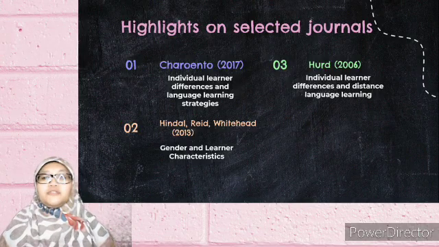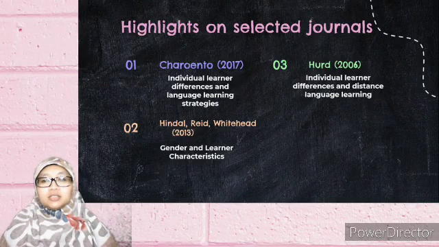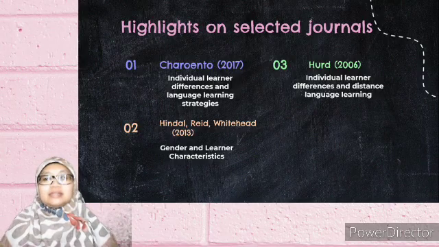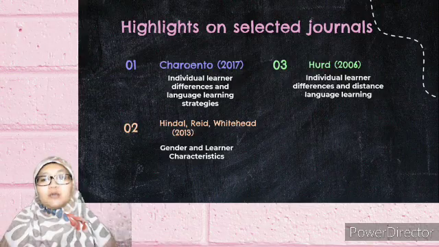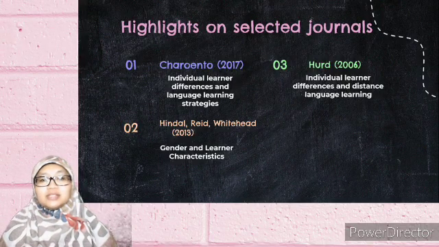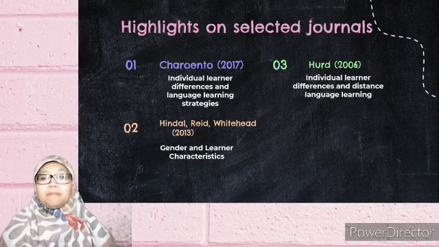And the third is Hurd in 2006. It deals with individual learner differences and distance language learning, because there are two modes of language learning: distance language learning and face-to-face, or traditional, language learning. So Hurd in 2006 tried to examine the impact of individual learner differences.